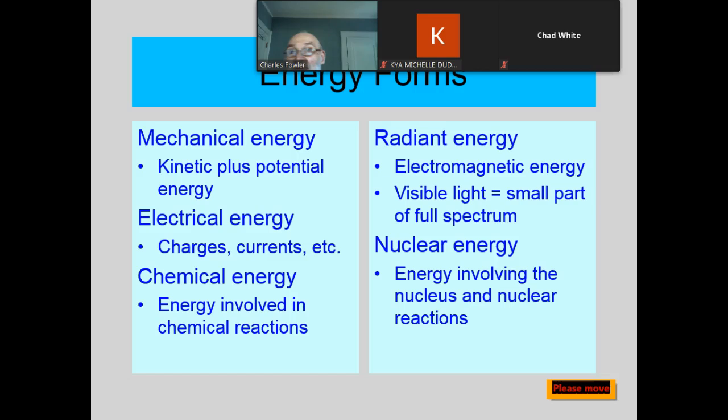If you look at the little green leaves out there on the trees, what are they doing? They are receiving energy from the sun, and if you go over to the next column there, you see radiant energy. That's a form of electromagnetic energy, receiving that energy from the sun and using a process called photosynthesis, photo meaning light, the energy they're getting from the sun, and they're synthesizing sugars.